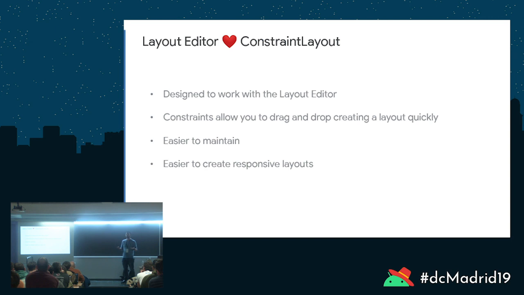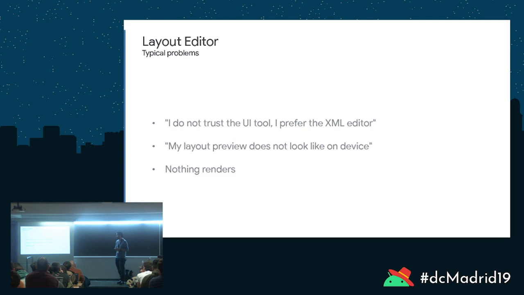But when you have a fairly complicated layout, using ConstraintLayout will help you to actually make changes in it. And the other important point for ConstraintLayout is that it is responsive. So if you have a layout that needs to adapt to different screen sizes, which I guess everyone has, using ConstraintLayout can get you there faster. It's easier to put a constraint and set a distance, and then basically it will respond to layout steps. But these are the typical problems.